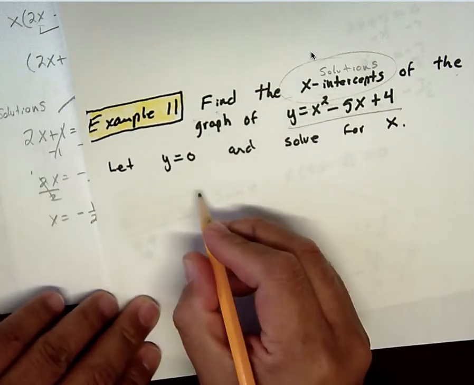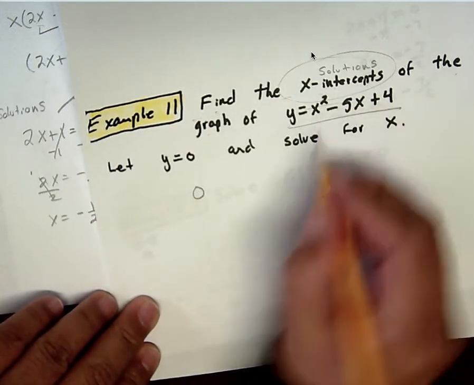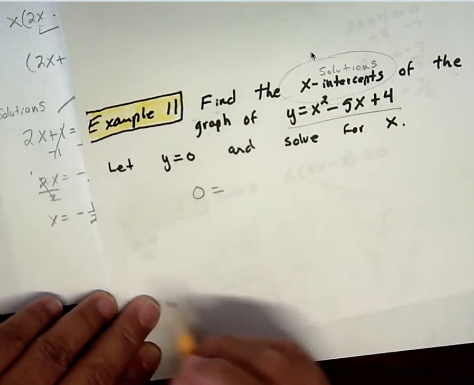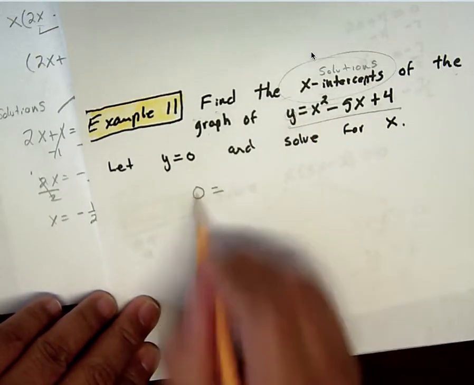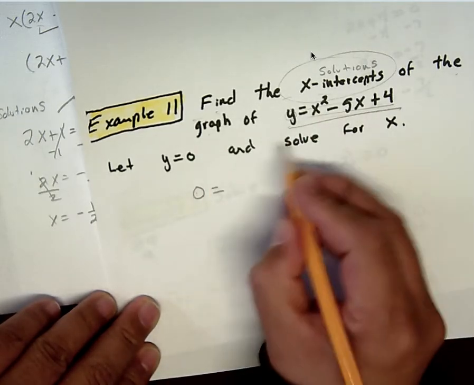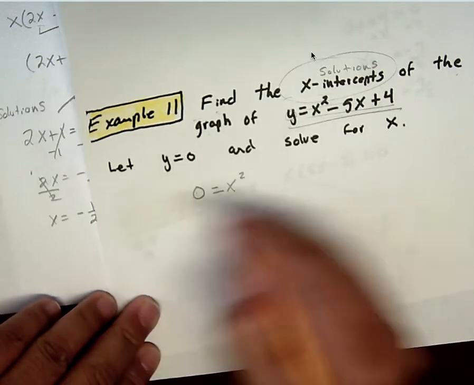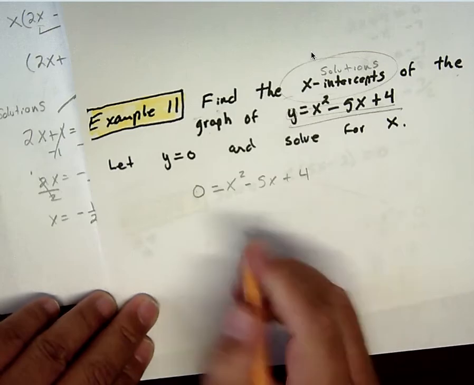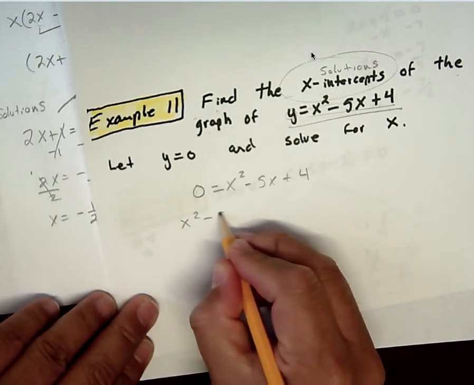But all you have to do is equal this quadratic equation to 0. So let y equal 0, so that y will become 0, and then put this on the other side. You could have put it the other way, but most of these questions have it like this.